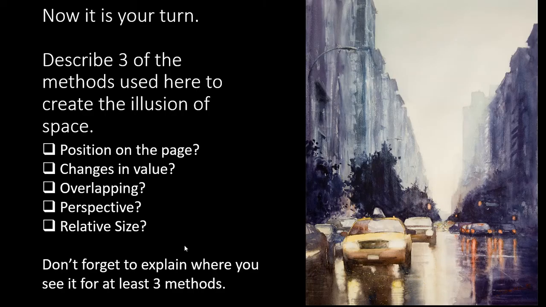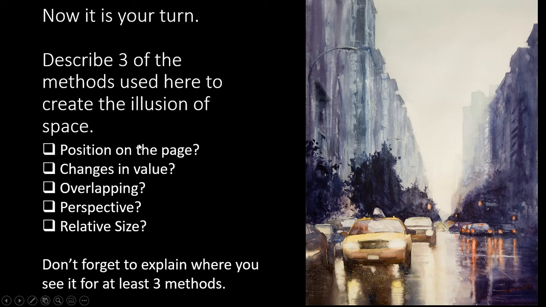Now, this is your turn. You're going to be working with this picture, painting of New York City on a rainy day, and there are more than 3 methods in this picture. So you're going to pick any 3 that you can justify in the picture, and you're going to describe how it's used to create the illusion of space.